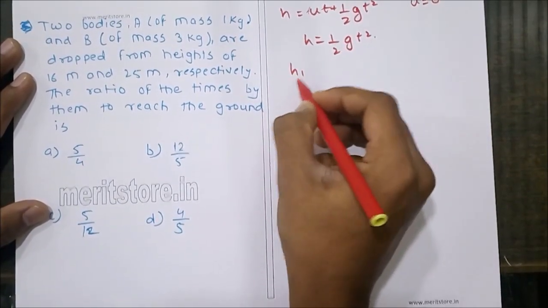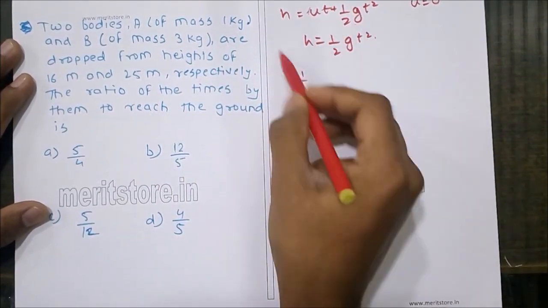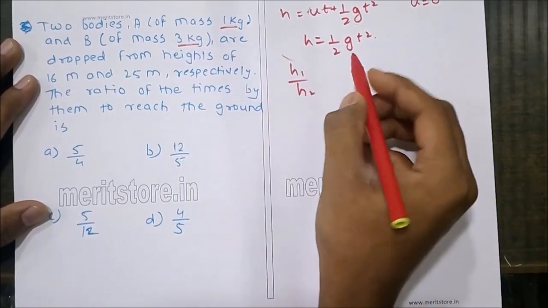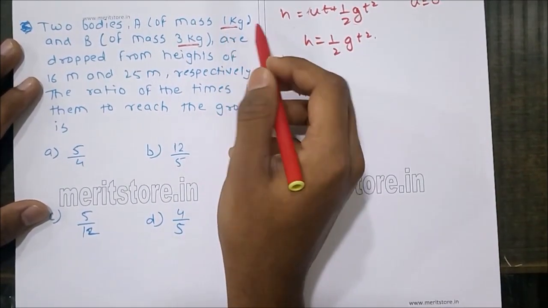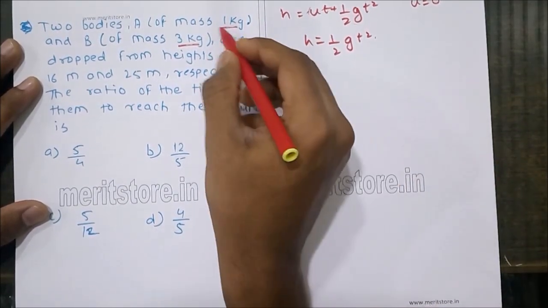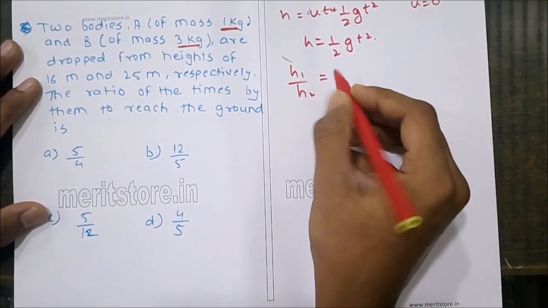Therefore, h is equal to half g t square. So for h1 and h2, note that since the mass term isn't included in the kinematic equations, the time taken doesn't really depend upon the mass. So the data of mass given is just redundant data.